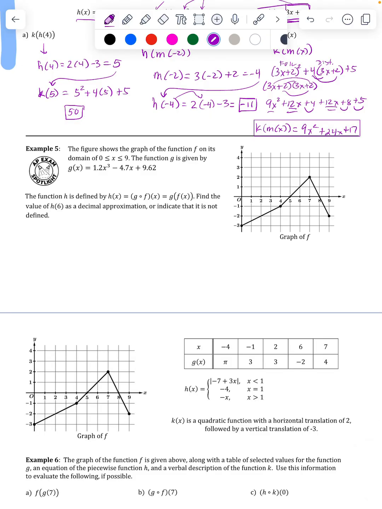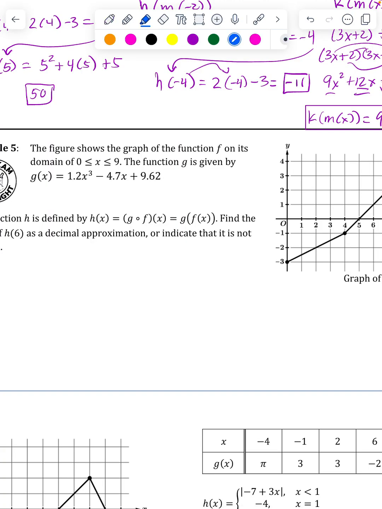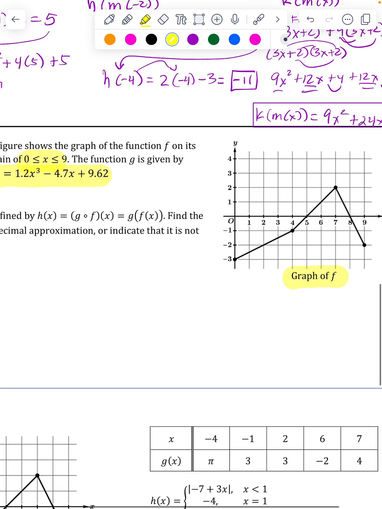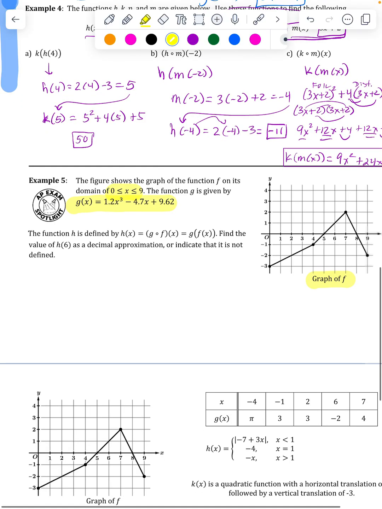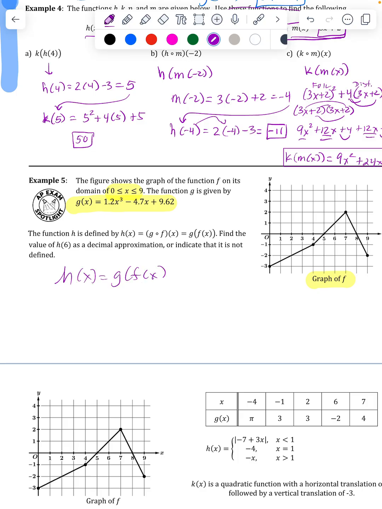So it says the figure shows the graph of the function f on its domain from 0 to 9, and the function g is given by this. So we have function f over here and function g in actual function form. So the function h is going to be defined as g of f of x, and we're supposed to find h of 6, which means g of f of 6.